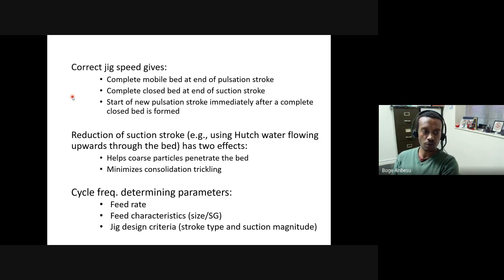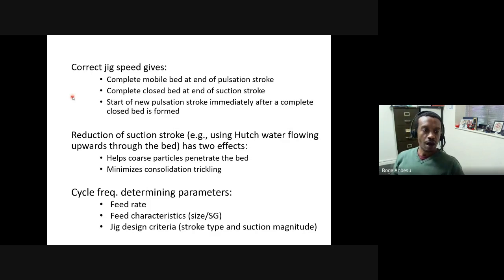So hutch water is introduced from bottom upwards, and therefore you minimize the need for more suction. So you do still apply a little suction, but if you are aiding it with water, you don't have to apply the same amount of suction as that of the pulsation. So in this case, you could actually allow coarse particles to penetrate the bed as well and settle. And you could also minimize that effect of consolidation trickling that I was mentioning earlier.